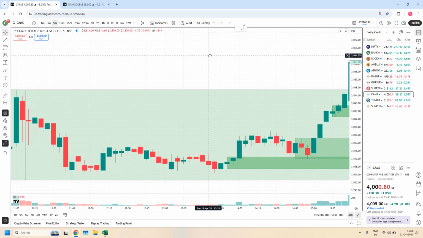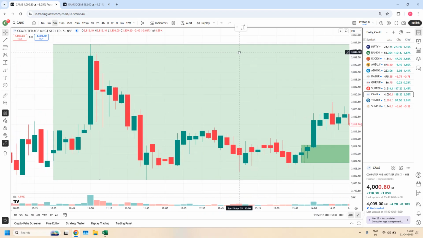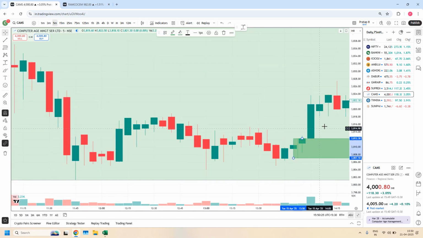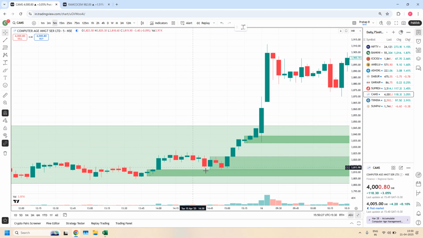Okay, and what about here? Here, this 15-minute zone picked up the orders from this rally, 2 base candles and rally. This is the one, rally, base, rally. From a risk management point of view, you can further fine tune the entry within this while planning the trade.